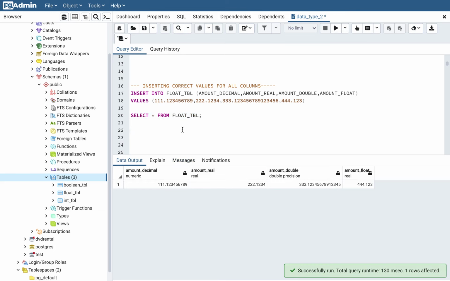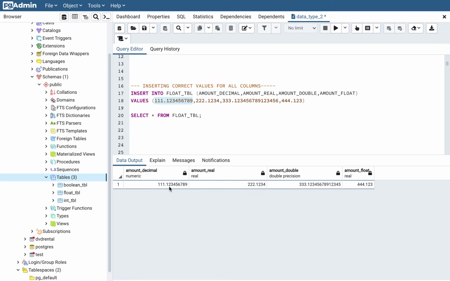So you see the value has been inserted. Whatever value I have inserted has been stored exactly in the same way. For amount decimal, we have given this value, which is internally being converted to numeric, so it stores all the values 1, 2, 3, 4, 5, 6, 7, 8, 9.